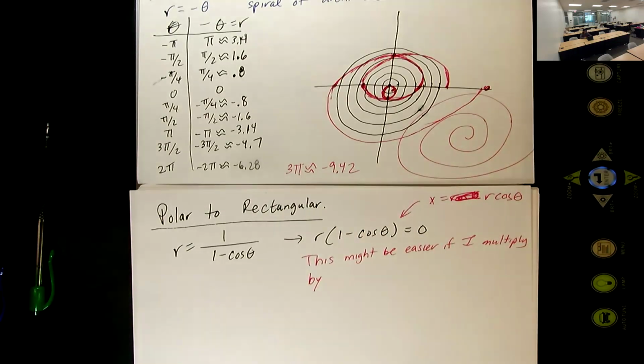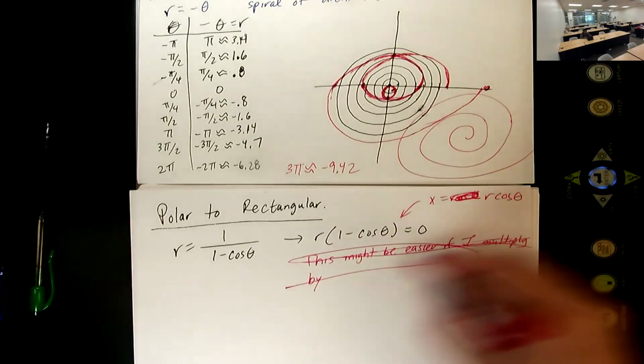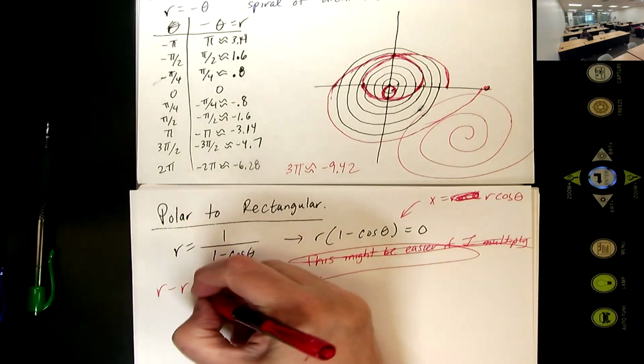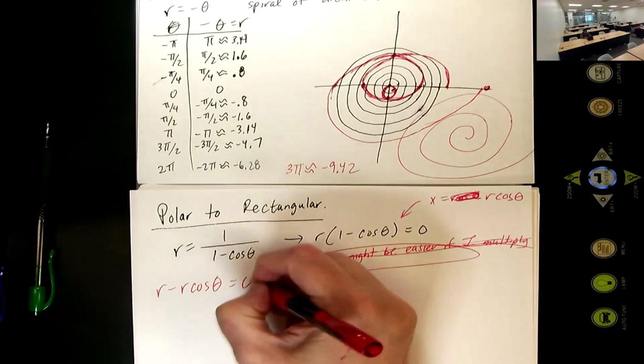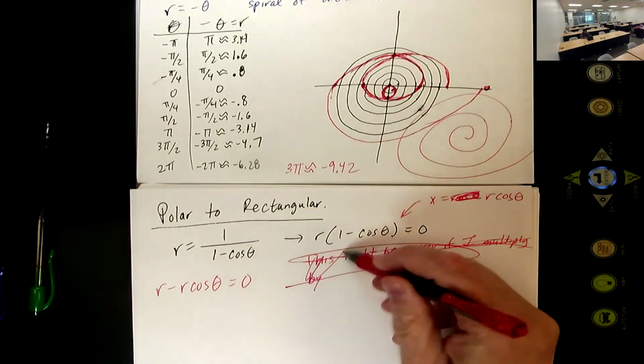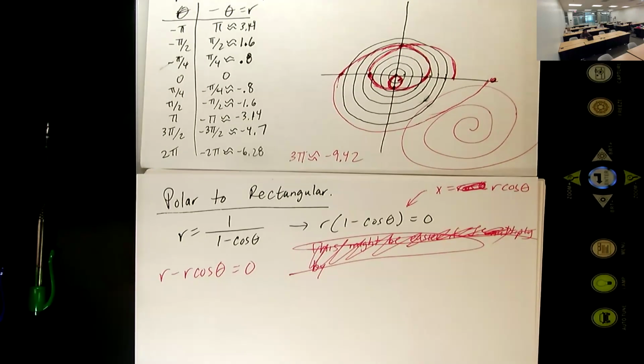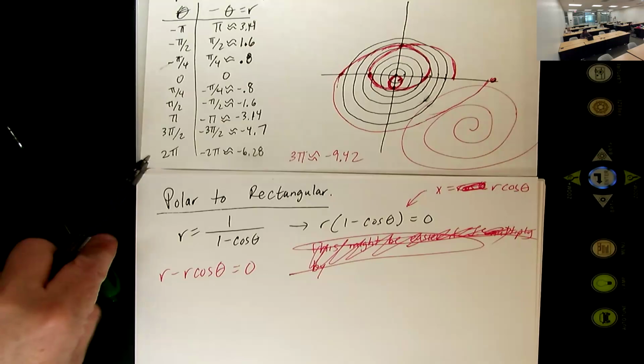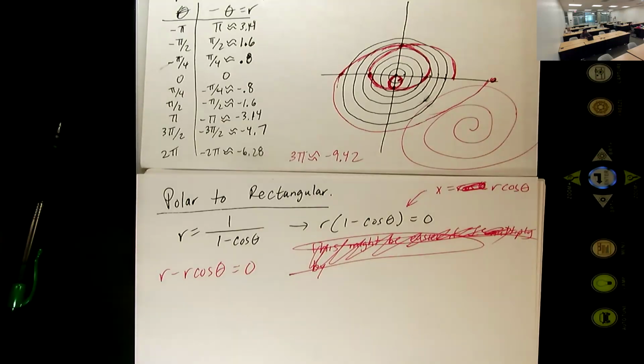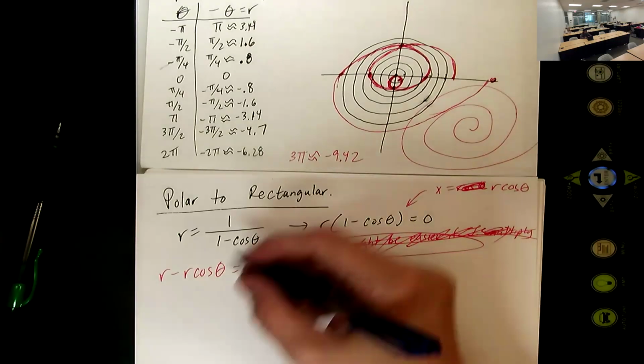No, I actually distribute, what am I saying? Distribute, I get r minus r cosine theta. Being a scrub, not paying attention. I said 0, there's a 1 over here.